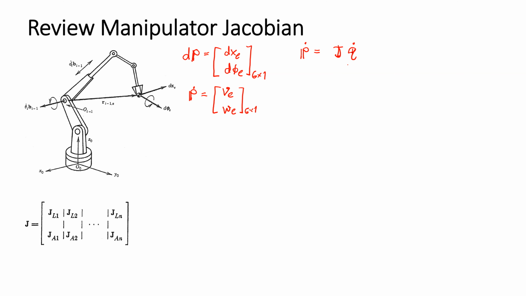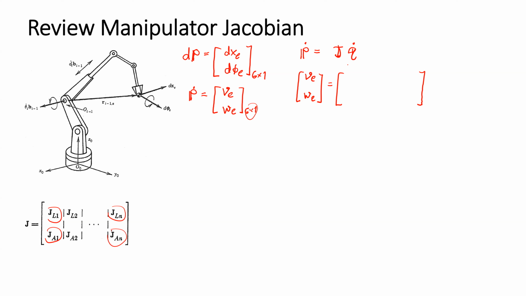And the endpoint speed is a 6 by 1 vector. And the Jacobian is written in the form of columns.